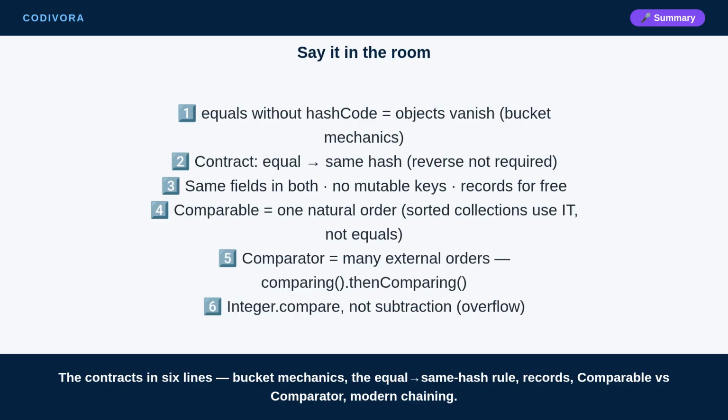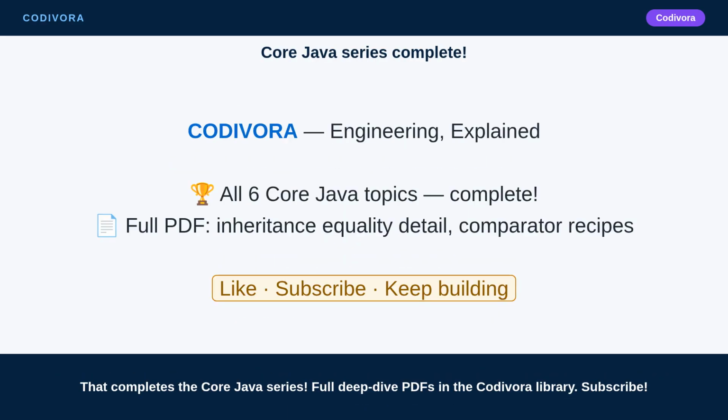Comparable defines the one natural order, and sorted collections use compareTo, not equals. Comparator gives you orders on demand, written in modern style with comparing and thenComparing, and compare with Integer.compare, not subtraction. Contracts kept, collections happy. And that's equals, hashcode, Comparable and Comparator, completing our core Java series.